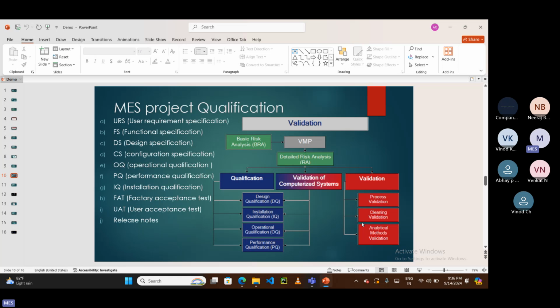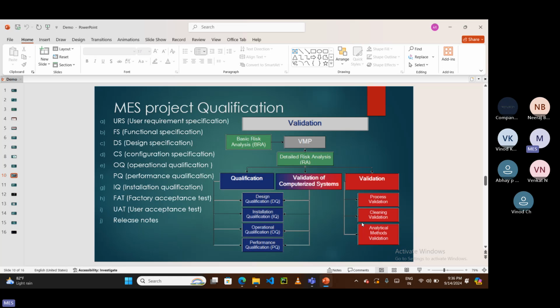Qualification of the MES application is also challenging, because we have n number of functionalities. How we can qualify it in detail will definitely come during our training sessions. Multiple documents will come into the picture: FS, TS, CS, OQ, PQ, review notes. All will be discussed during our training sessions.